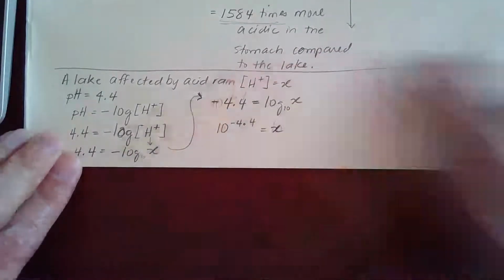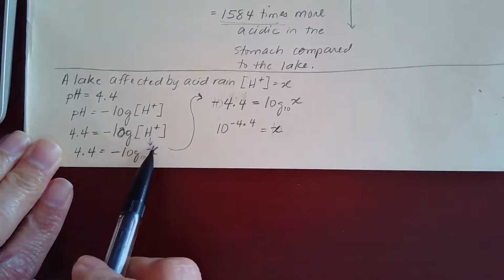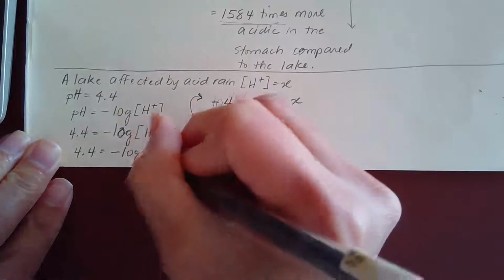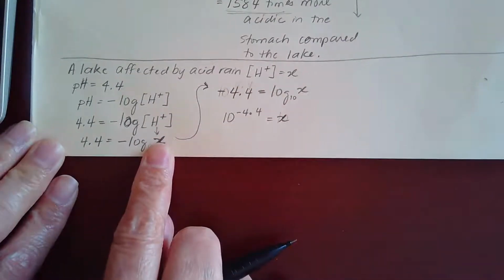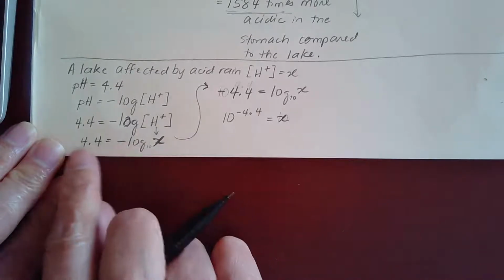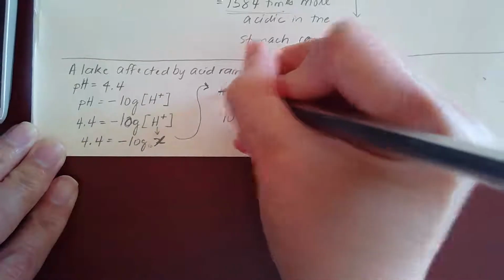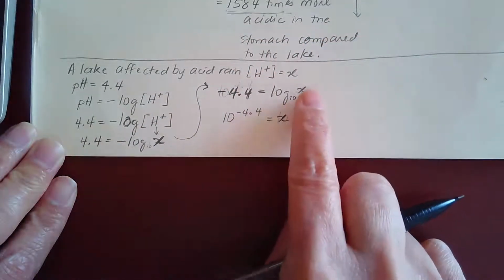Okay. So what have we done here? We've changed the H plus to x so that we can just have the x variable to solve, because that's what we're going to be solving for. And then we divided by negative 1 on both sides of the equation. So this is going to be negative 4.4 equals the logarithm of x.